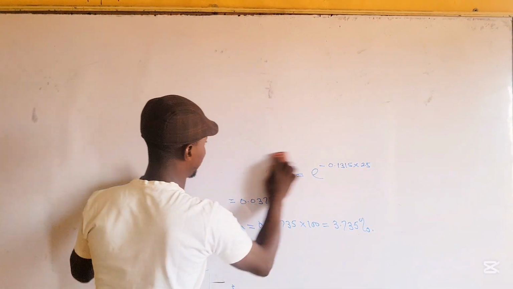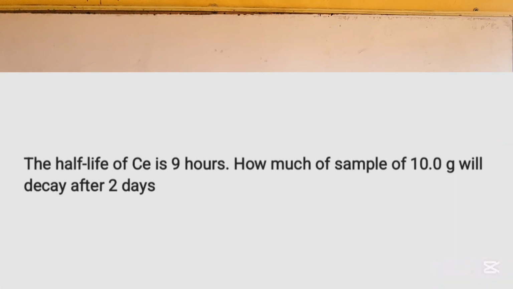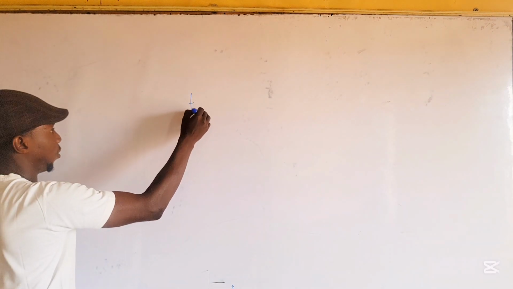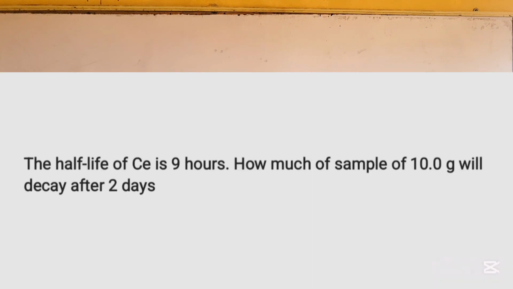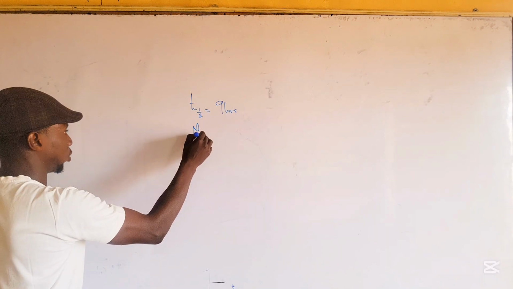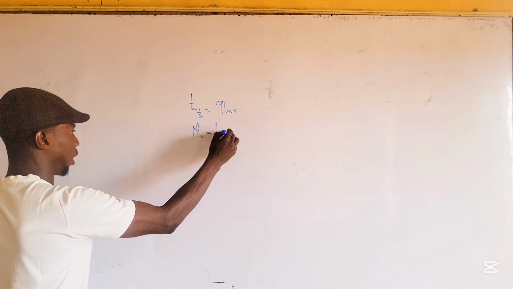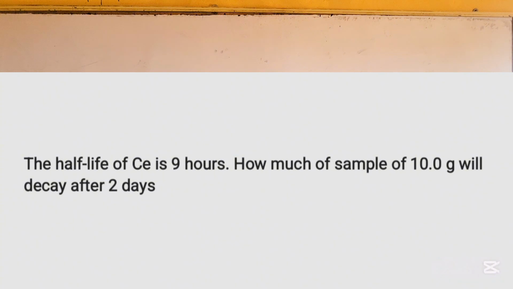For the second question, the half-life of cesium is 9 hours. That means we have T half to be equals to 9 hours. How much of a sample of 10 gram, that means our N naught is equals to 10 gram, will decay after 2 days?